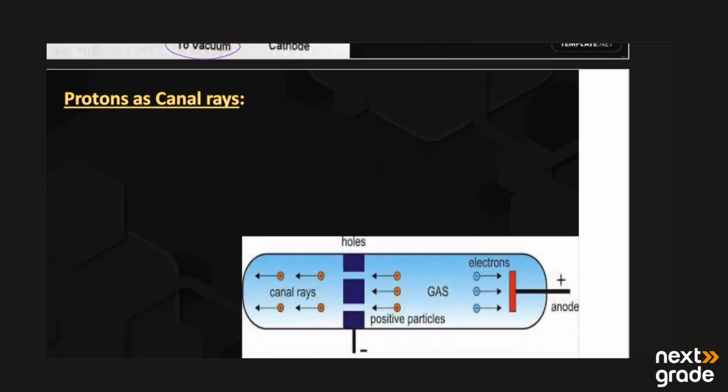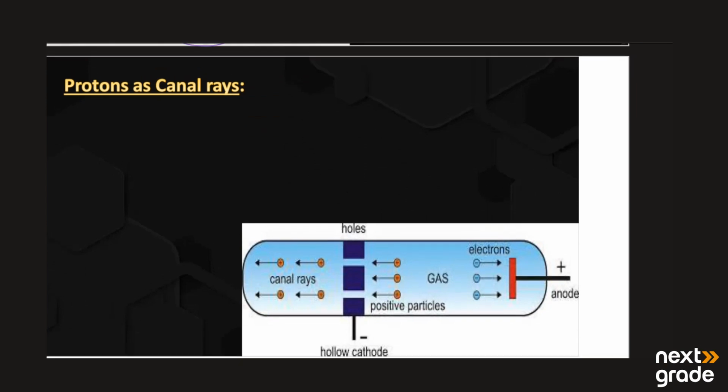Next, protons as canal rays. These anode rays, we call them anode rays or protons. They are also named canal rays. Why are they named canal rays?